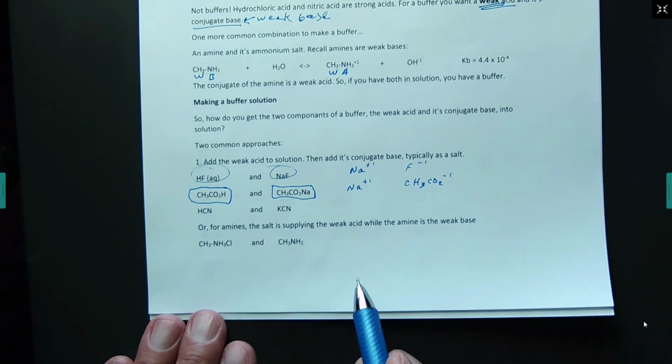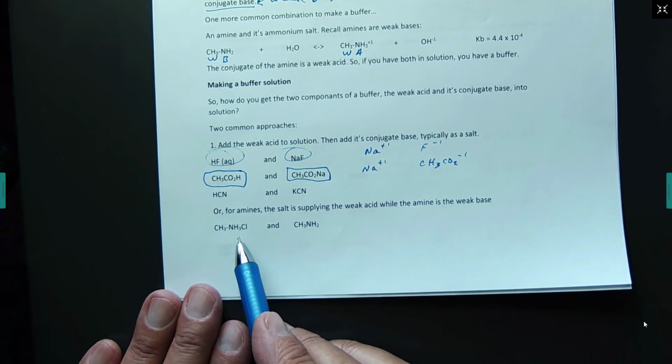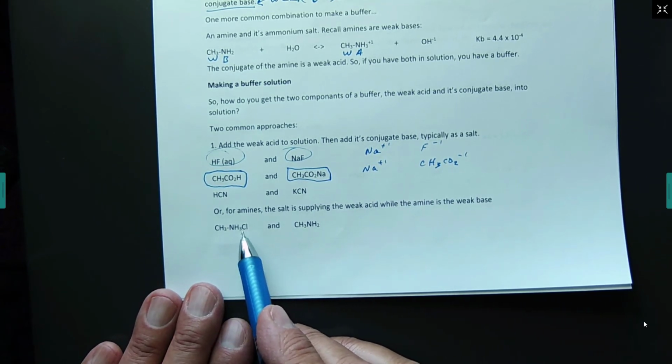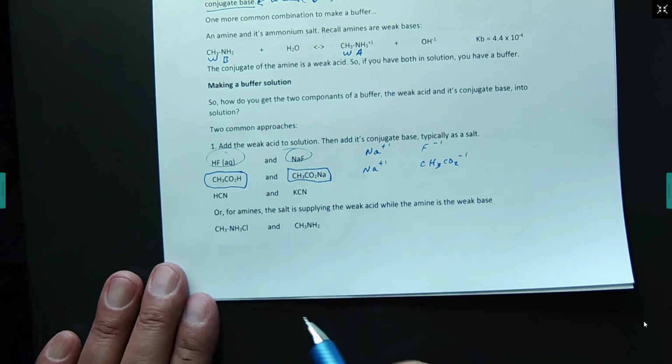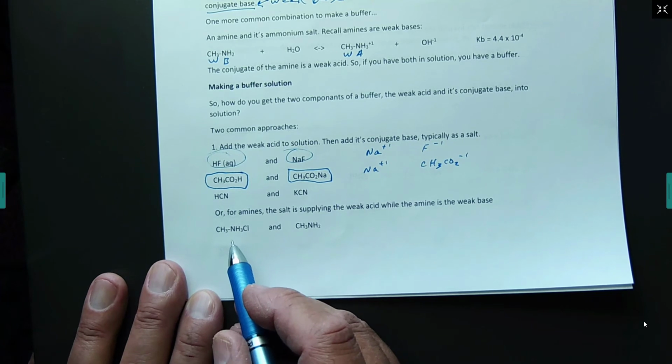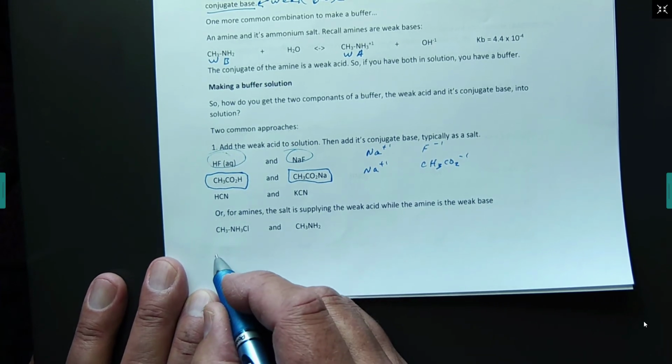For an amine, you might start with the hydrochloride. This is representing a salt of an amine. These ones are a little confusing if you haven't hung around chemicals most of your life.